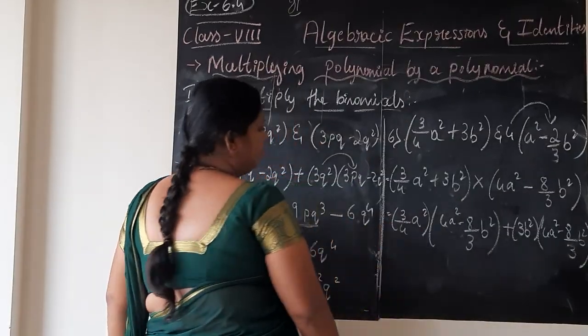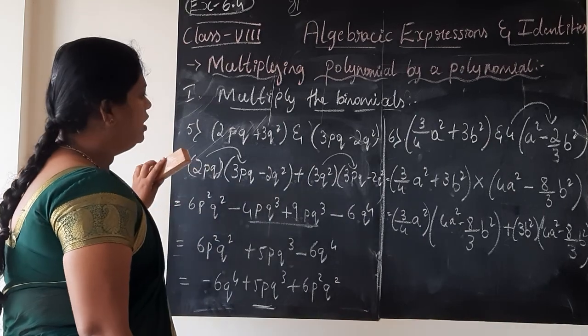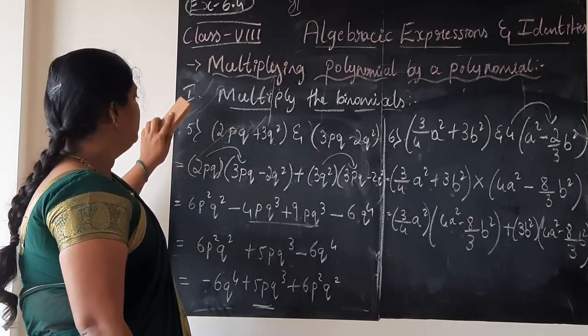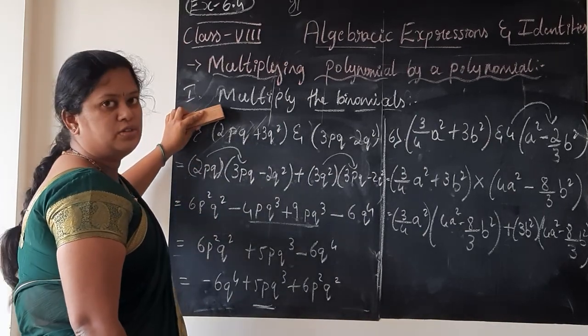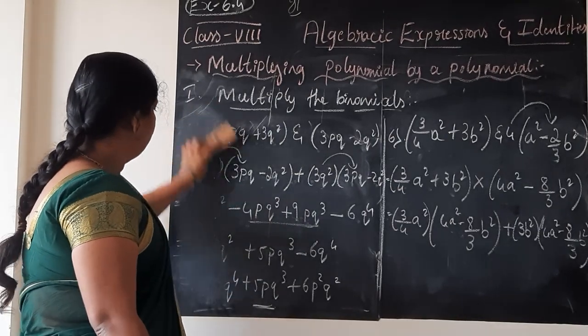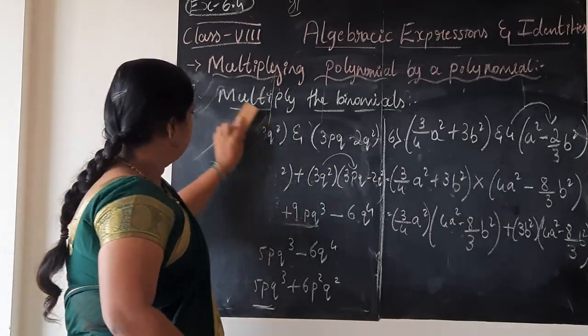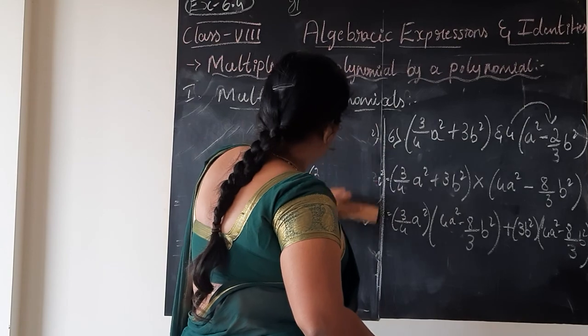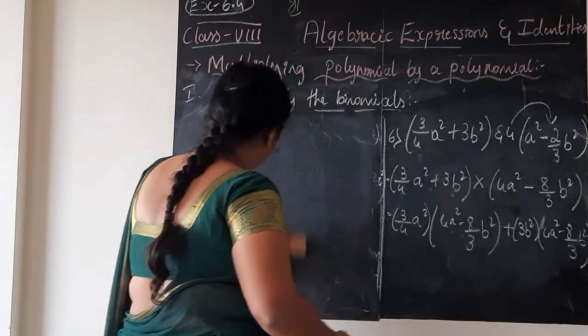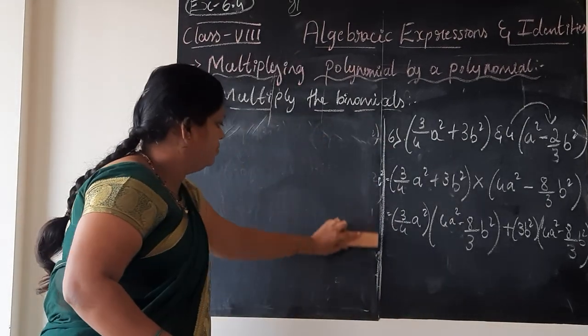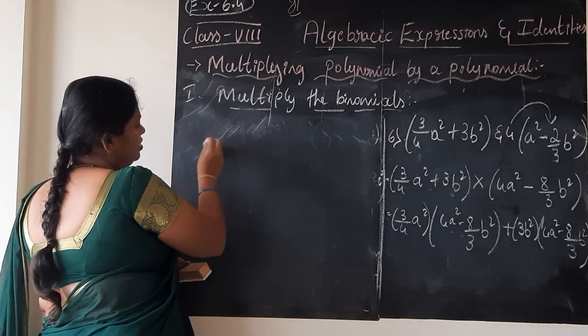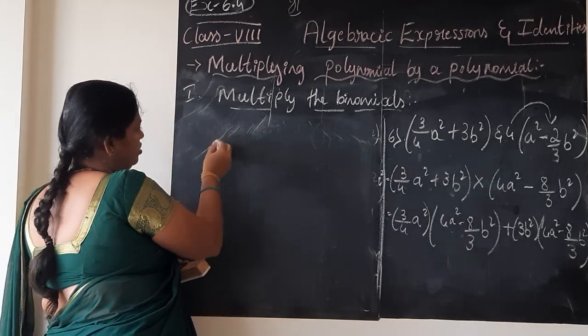Now you multiply. I want to show the multiplication separately here, children. So for now, hope you have understood the problem. I am cleaning the board. Okay, let me show you separately.